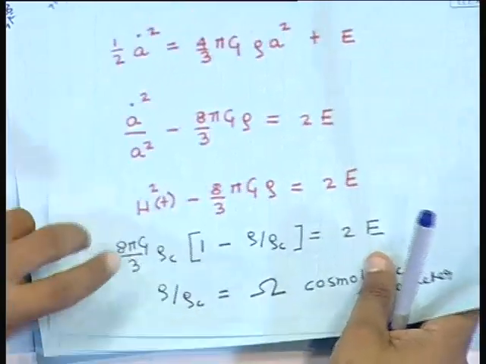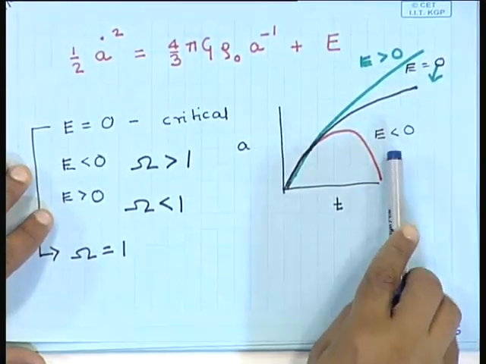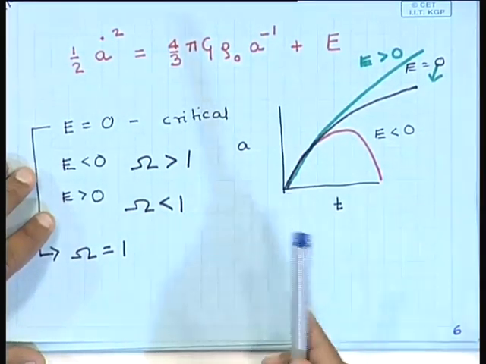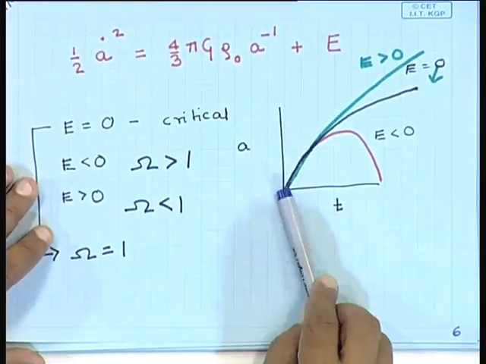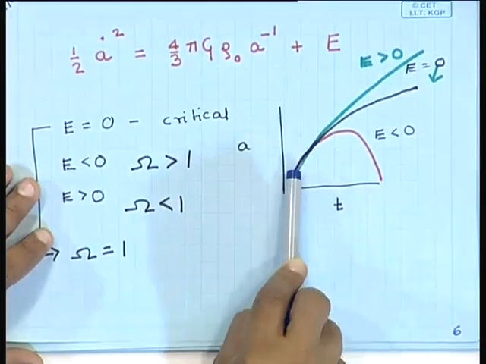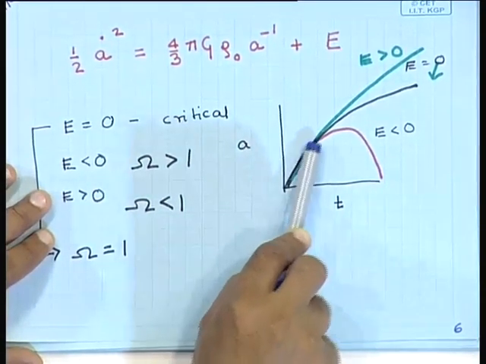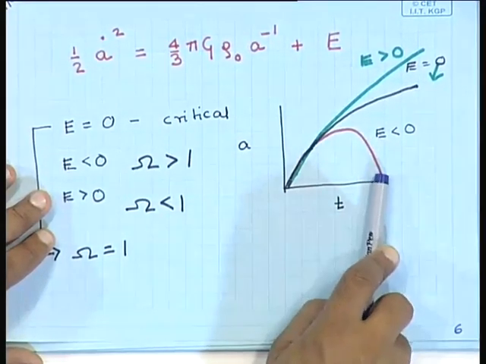Let me show you these three possibilities. These three possibilities correspond to different values of E. If E is negative, the ball thrown from the surface of the earth falls back, it does not have the escape velocity. Similarly, for the universe that is expanding, the scale factor, we are somewhere here now, is increasing with time. In the future, if E is negative, then the universe is going to collapse again.